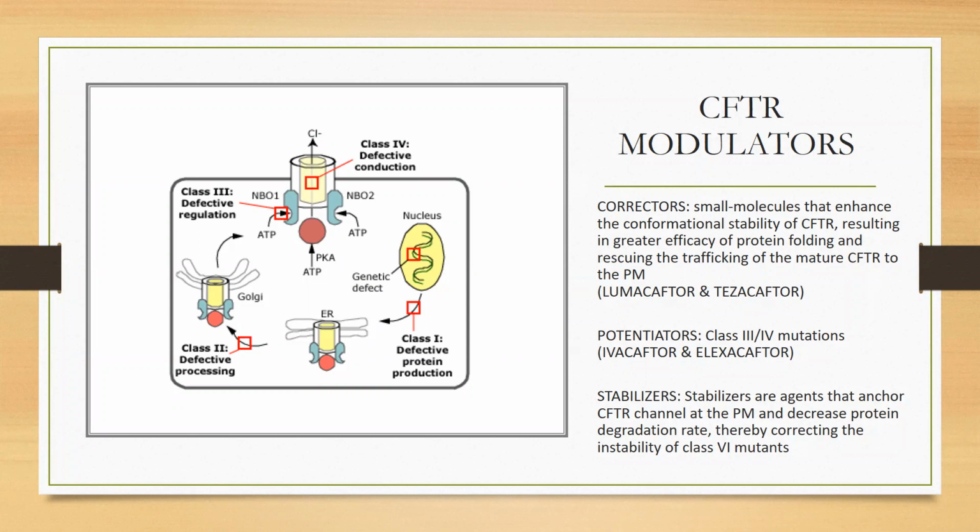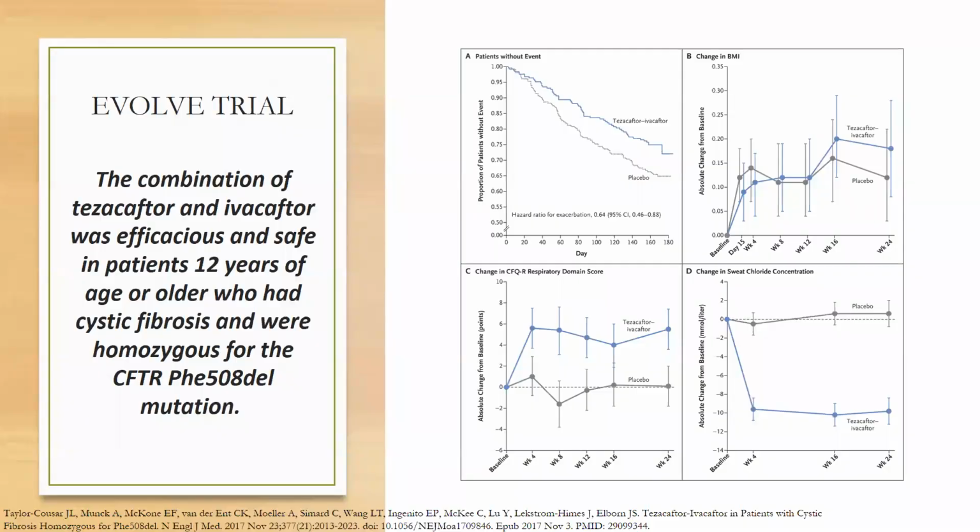Now, how did these medicines come about? There are 3 trials that have been instrumental in proving that these therapies are effective. The first one I'll talk about is the EVOLVE trial.